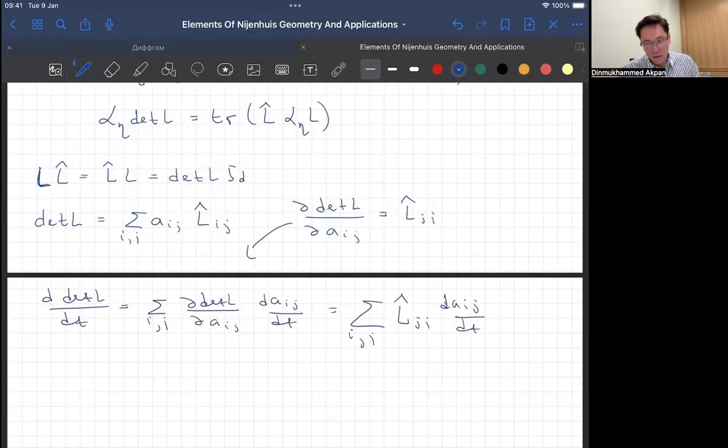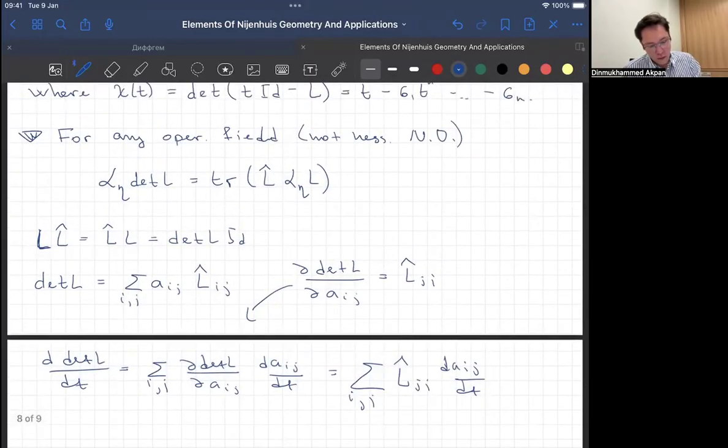So it's a trace, and we took this parameter t, but we can also take the derivative along any vector field like eta, and then this formula is true. So the first step is done. We proved this formula now.